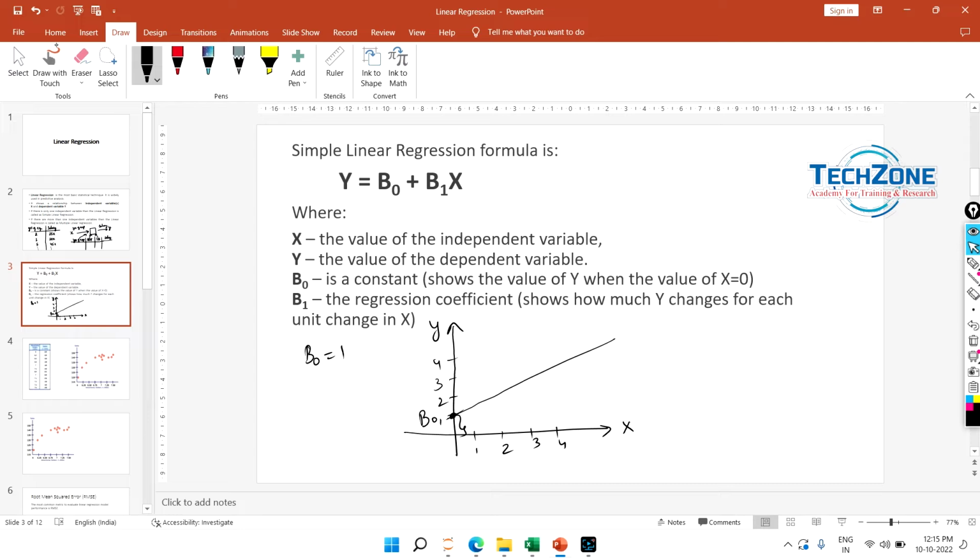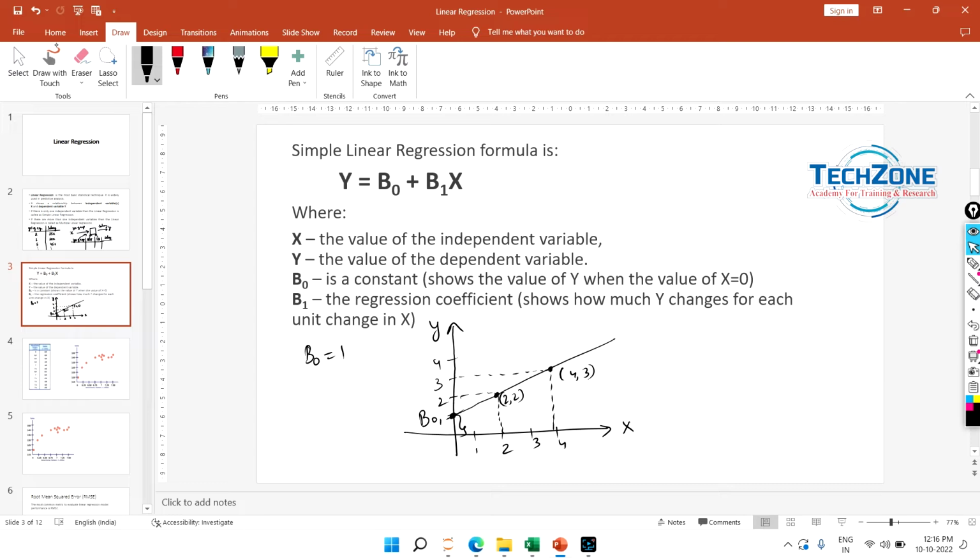Now, if we consider this point, let us say this point is (2, 2). And this other point is (4, 3). See here, how much is y changing with respect to the change in x?